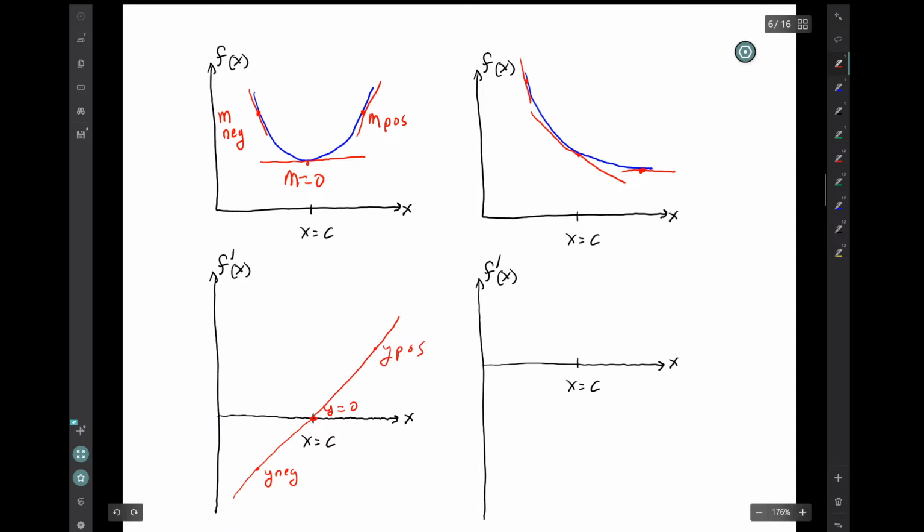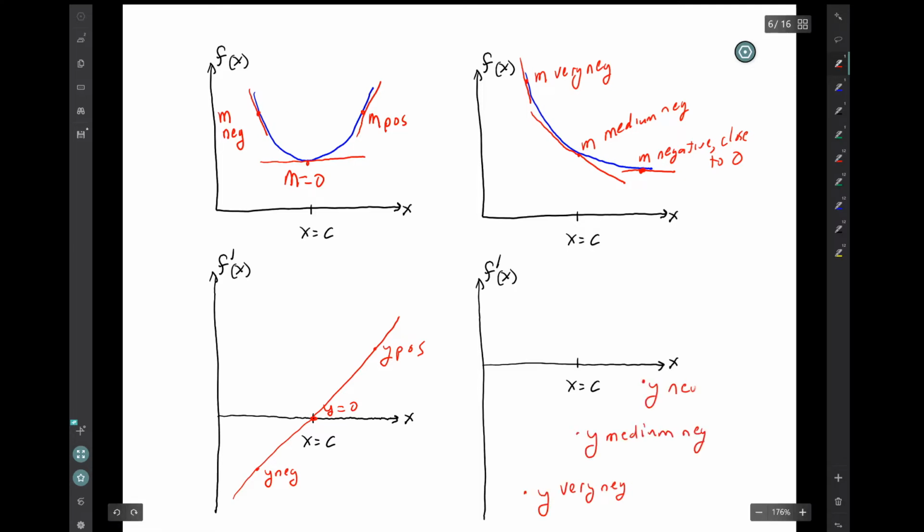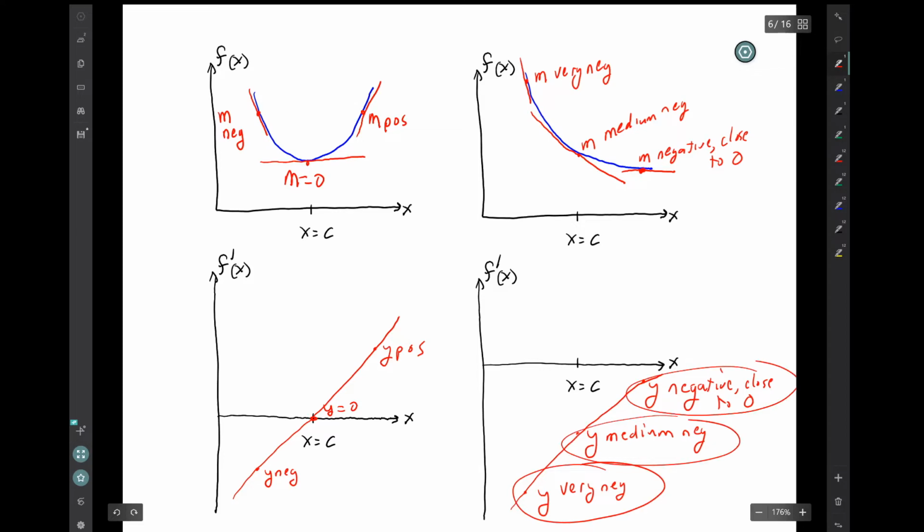Now for this graph over here on the right, all three of these tangent lines tilt down. So this tangent line has a very negative slope. This tangent line has kind of a medium negative slope. And this tangent line has a negative slope that's very close to 0. So that means the y values will be very negative, medium negative, and negative but very close to 0.